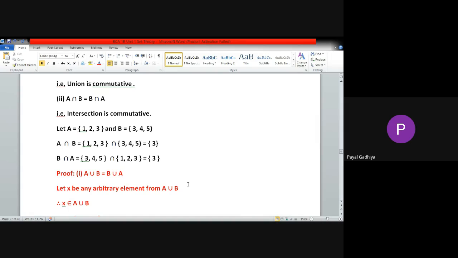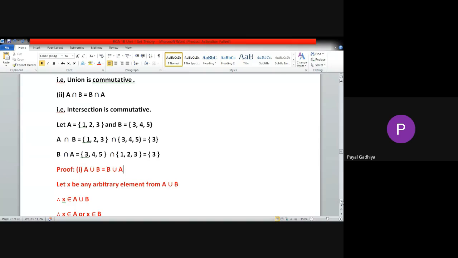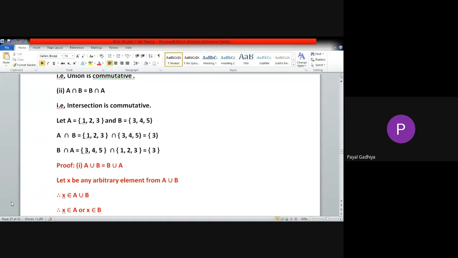So here let X be any arbitrary element from A union B. So we have element X from A union B. Now I have X belongs to A union B. So first of all, I'll take one element from the first set, A union B. Here I have taken one element, and I'll show that that element is part of the second set also.